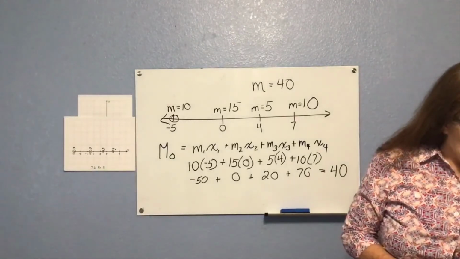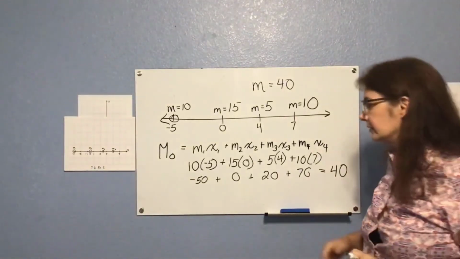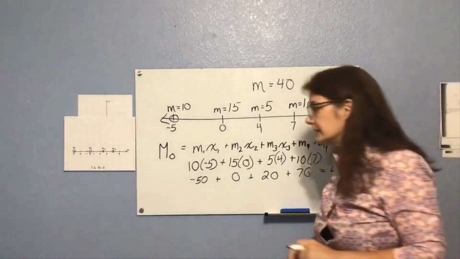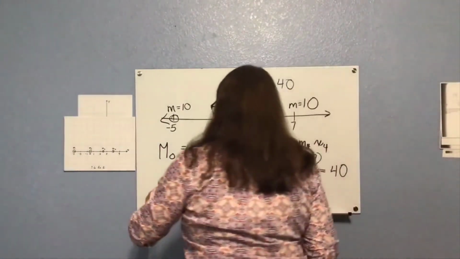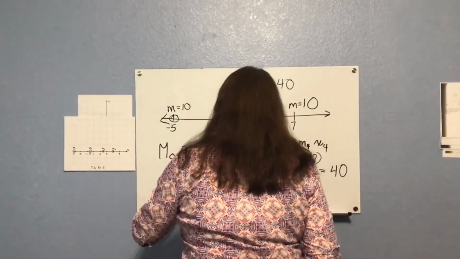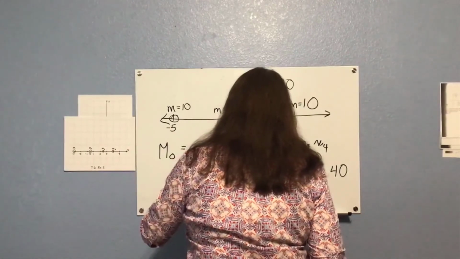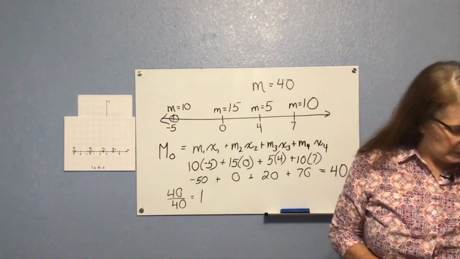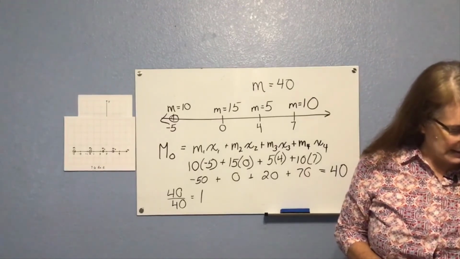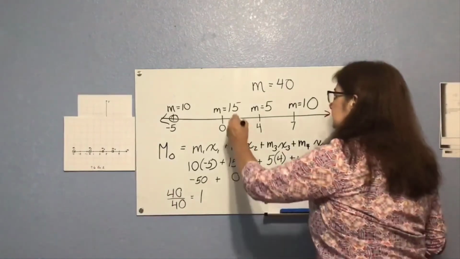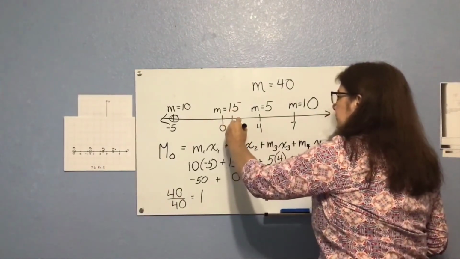Okay. And then to find the center of mass, I'm going to divide the moment by the total mass. So I'm going to have 40 divided by 40 equals 1. So the center of mass is at 1. Here's my center of mass.